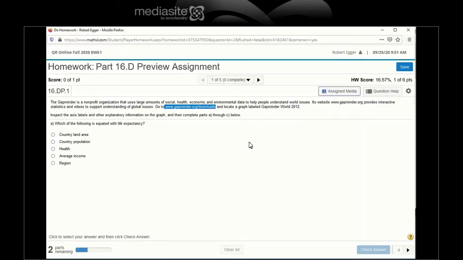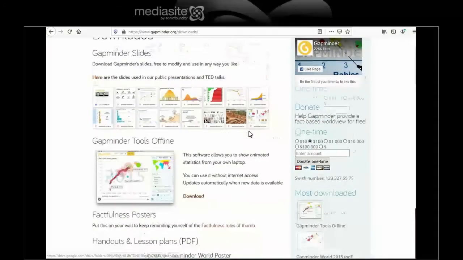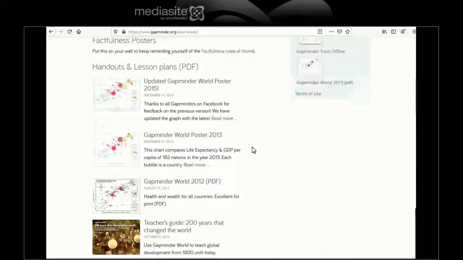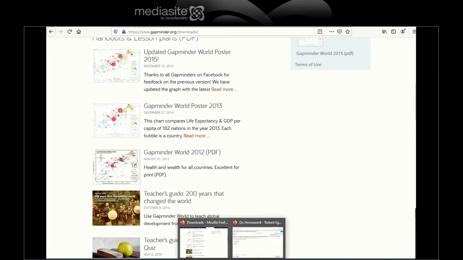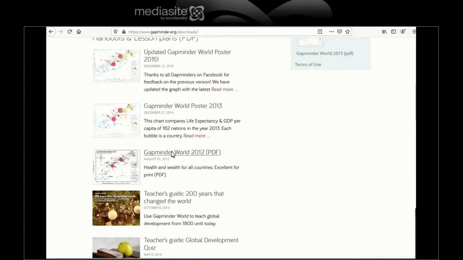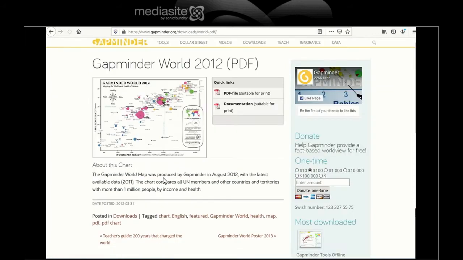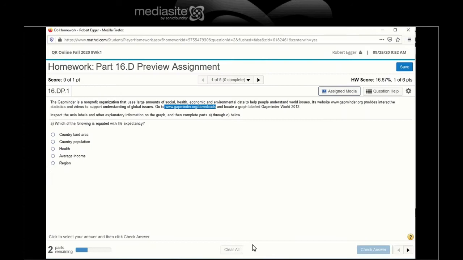Gapminder World 2012. Let's try and find it. Okay, see that right there? Is that what we're looking for? Just as a graph, just interactive. Oh, that looks familiar.